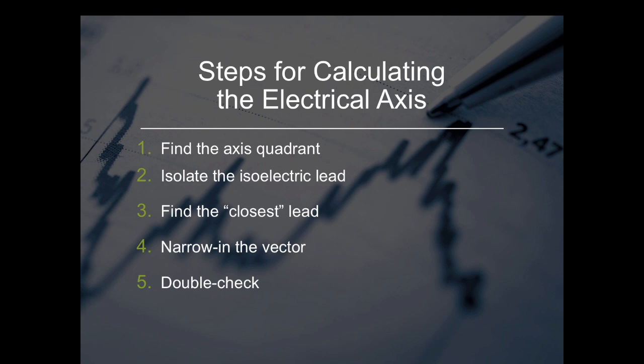And again, we'll define that, and we'll explain that. Then we're going to narrow it in a little bit, and then we're going to double check our findings. So we're starting big and broad with the quadrant, getting down to step 4, we're really narrowing down to get an actual number, an actual degree number for our axis, and then finally we're going to double check those findings.